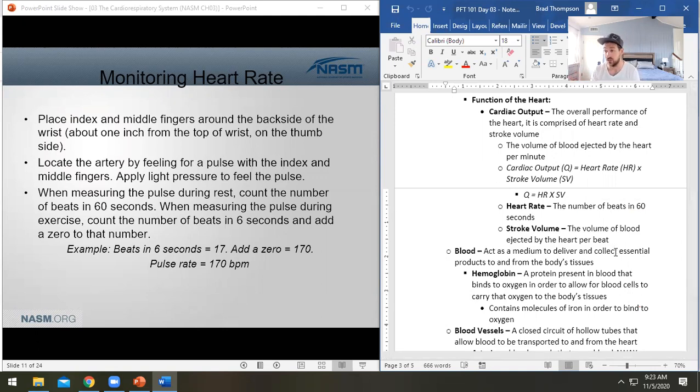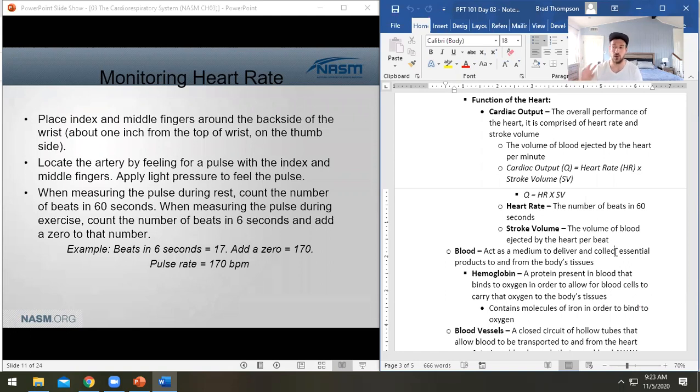I don't have the tools to do that in a gym setting, right? But what I can do is measure your heart rate, right? I can totally measure your pulse. And since we know there's a connection between heart rate and stroke volume, if your heart rate is super, super, super high, that's telling me that your heart is struggling to pump a lot of blood every time it beats.